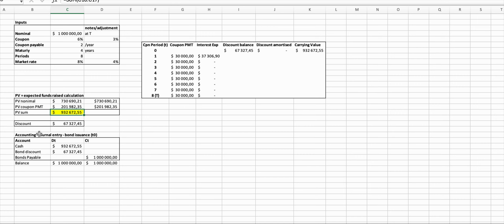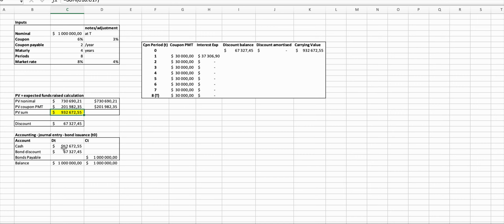So that's what we did. Then we made the first accounting entry at T0, at the point of time when the bond is issued. So this entry was difficult for some maybe, but actually it's pretty simple. And the reason why we are working with this accounting entry is to demonstrate how interest expense on the bond works.